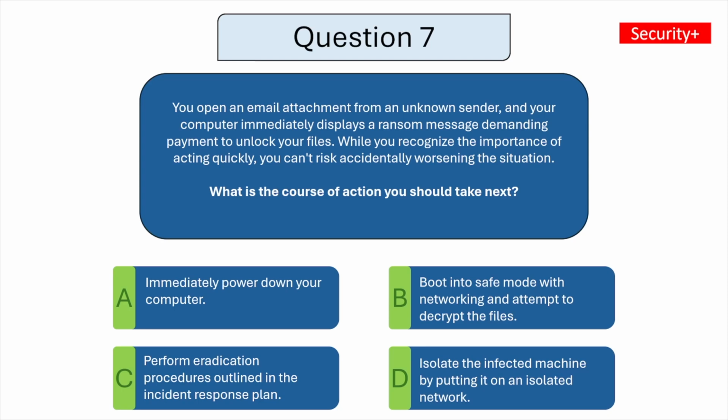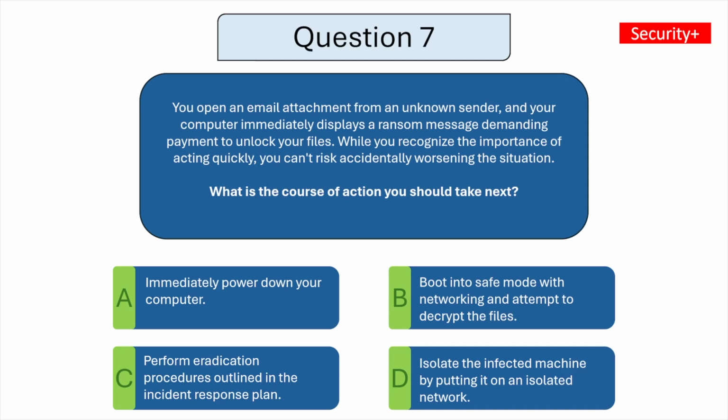All right, so there's two things here that are important that I want to mention. One being it's asking for a solution that doesn't possibly worsen the situation. And the other is we don't know 100% actually that there's a legitimate incident based on the scenario. We know there's a pop-up, but we don't know if it's actually infected.